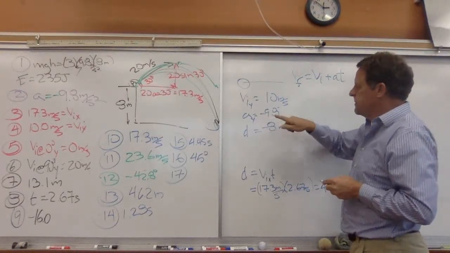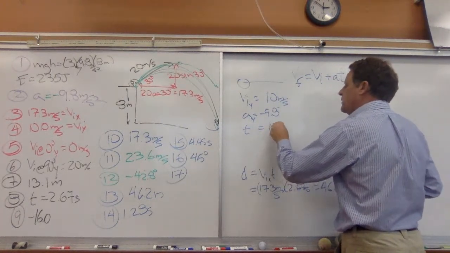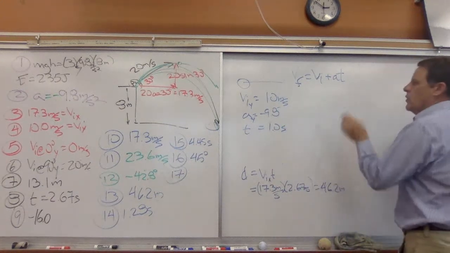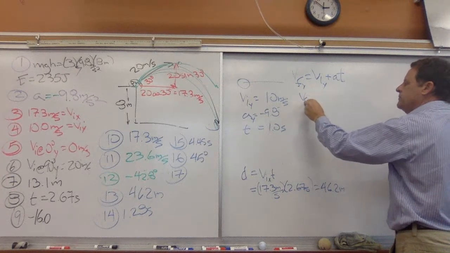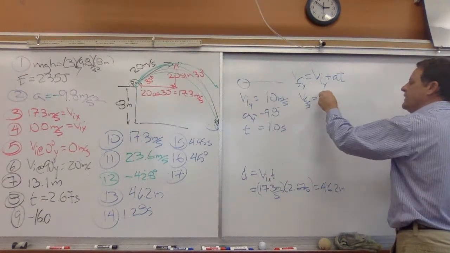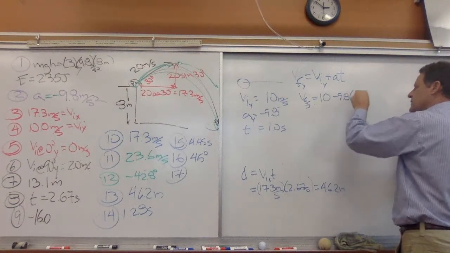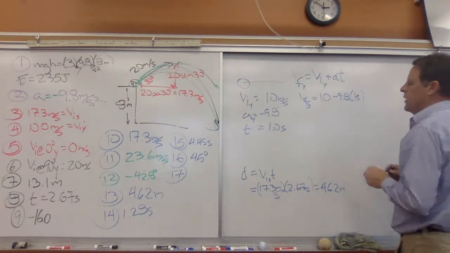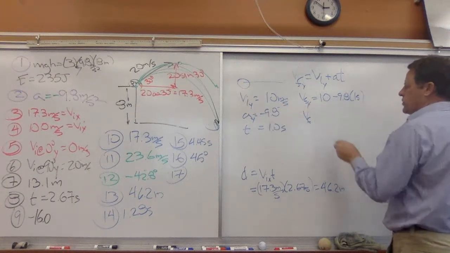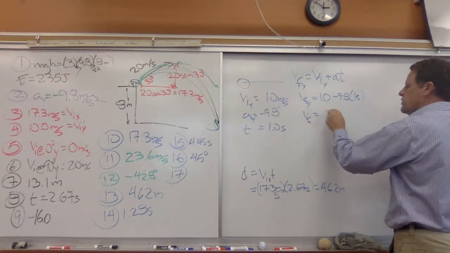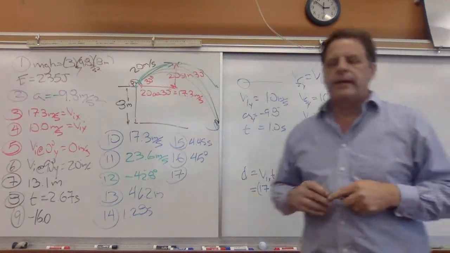Our acceleration is 9.8, and our time is equal to 1 second. So V final y is equal to 10 minus 9.8 times 1 second. Our V final in the y direction is going to be 0.2 meters per second.